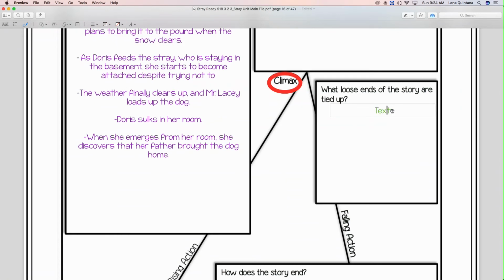So loose ends of the story. Well, Mr. Lacey goes on to explain why he couldn't leave the dog at the pound. So we finally, he brought the dog back and we're like, okay, that's awesome, and here's why.